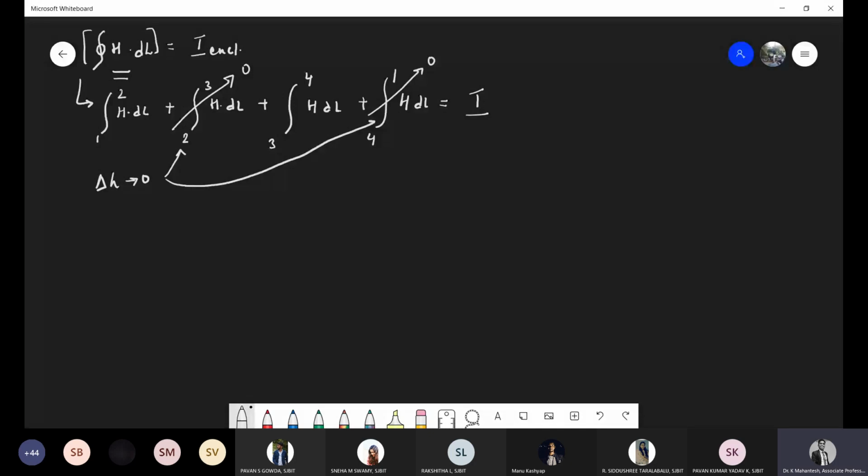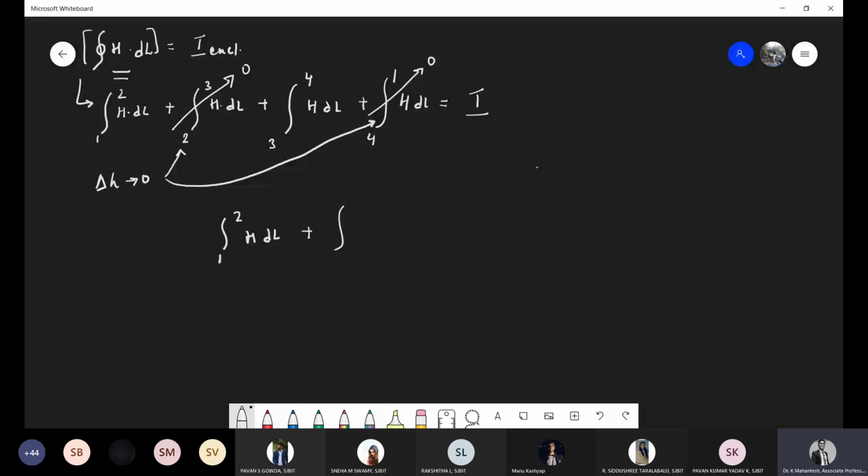So what is remaining? The line integral from 1 to 2 of H dl plus 3 to 4 H dl, which is equal to I.